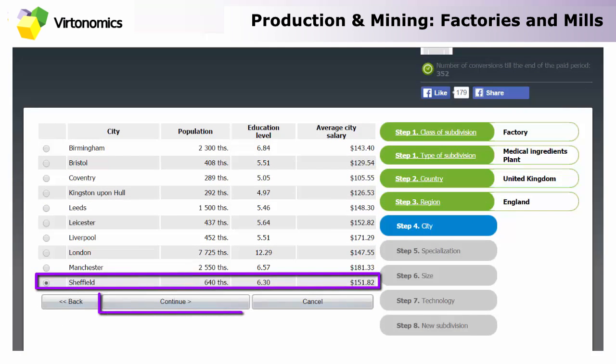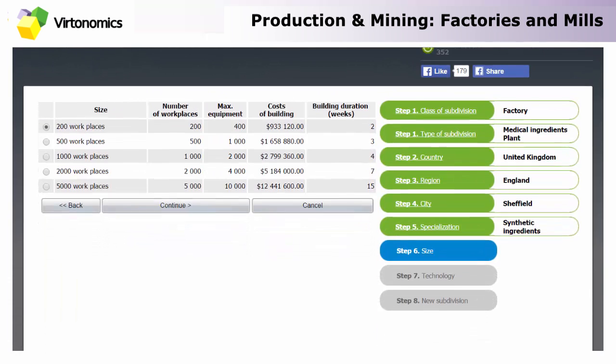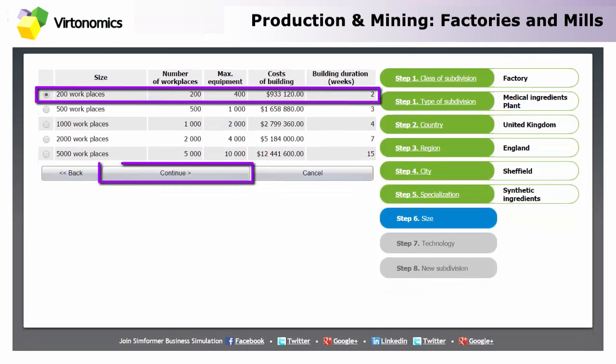You can choose the size of the factory. Naturally, the more workplaces it has, the higher the price will be, and more time will be needed to open it. You can actually start by opening the smallest one and then expand it later on. Also, you can choose the technology introduced into your factory.